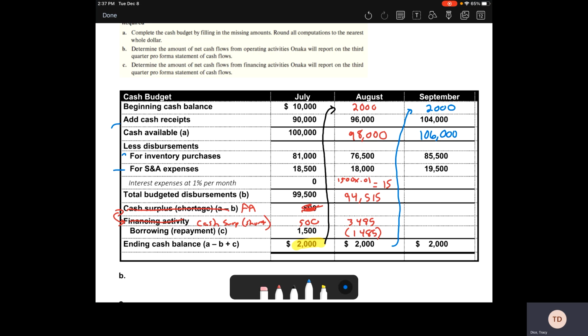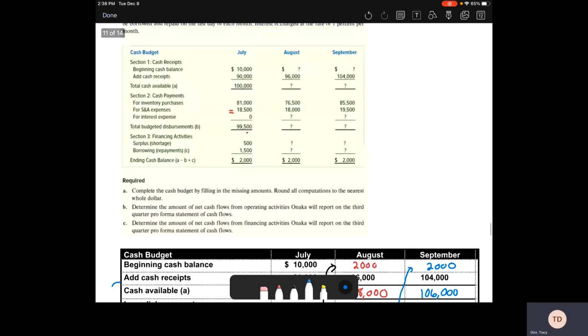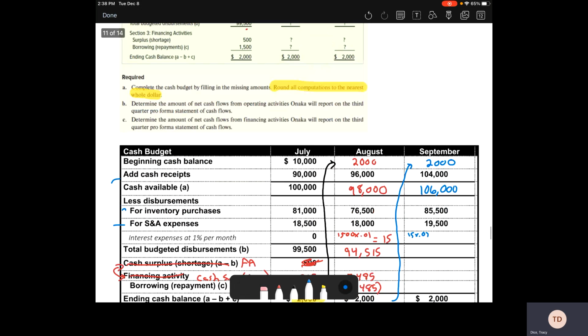So now we find that we have $15 left in interest. If you take 1,500 minus the 1,485, we have $15 left. So we need to take $15 times 0.01, which is our 1%. And when you do that, you get 15 cents. But since we are rounding to the nearest whole dollar, as it tells us right there, that adds up to $0 in interest, because it's 0.15, and that is closer to $0.